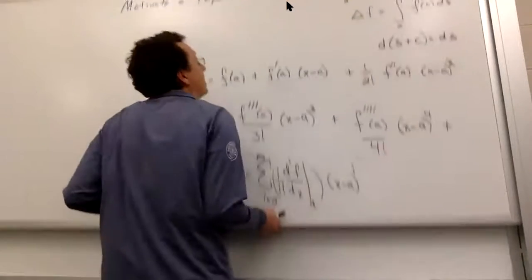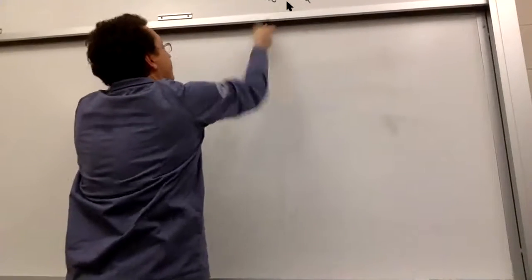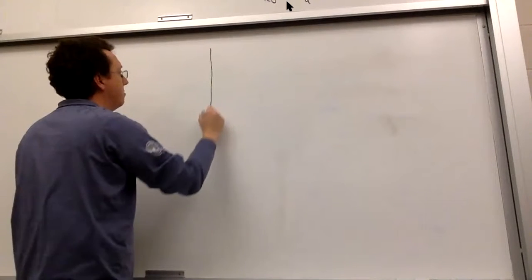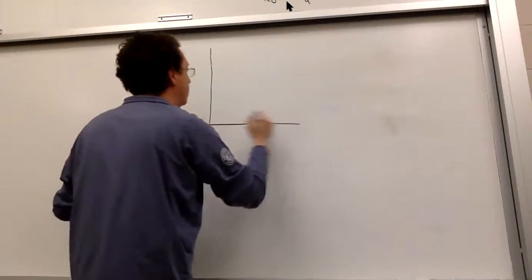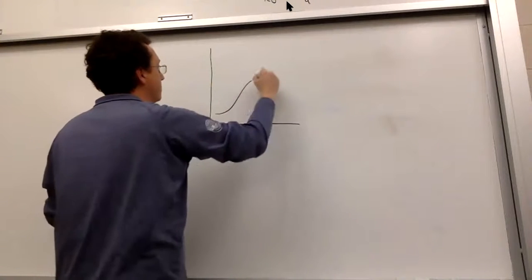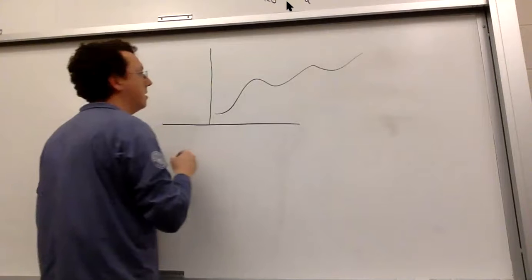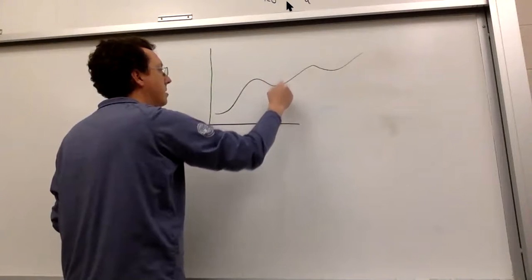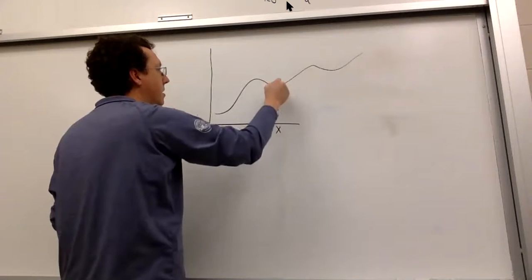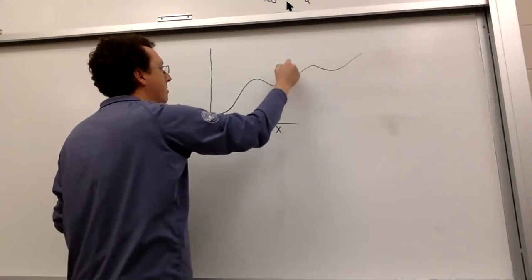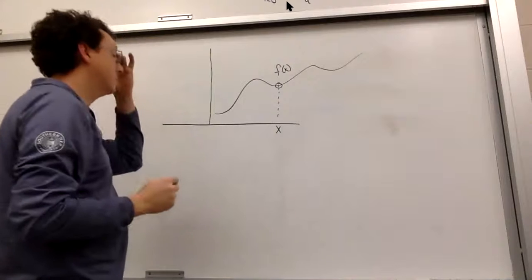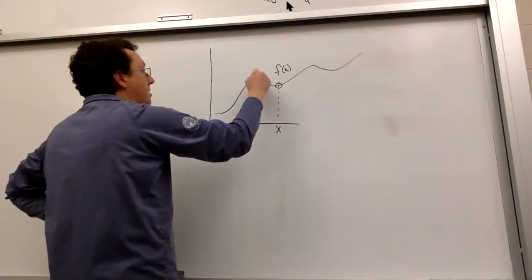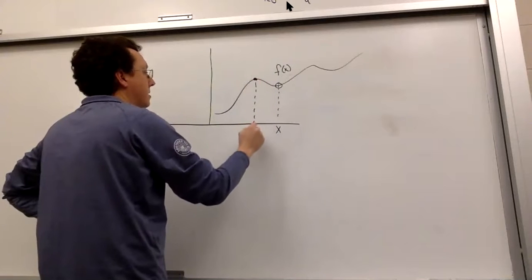Okay, so let's think about what that means. The idea is, first let's start with a random lumpy function. Let's say that this is x, and right here would be f of x, and let's say that this point is a.